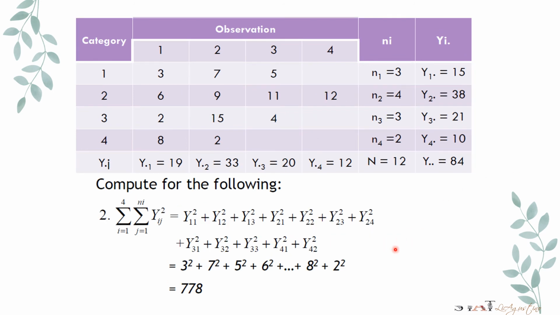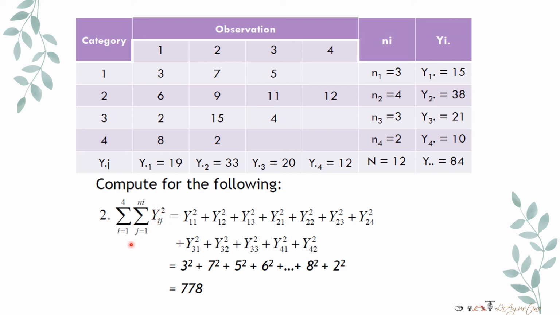Another example using the same value. Double summation of yij squared. Remember, this is not the index, but rather it is squaring your value.